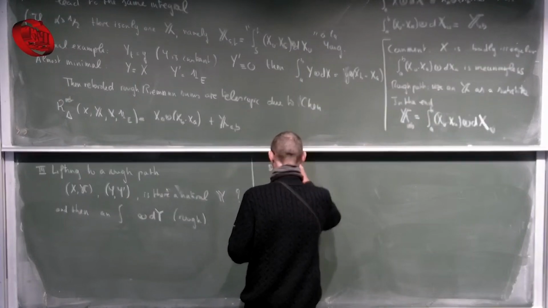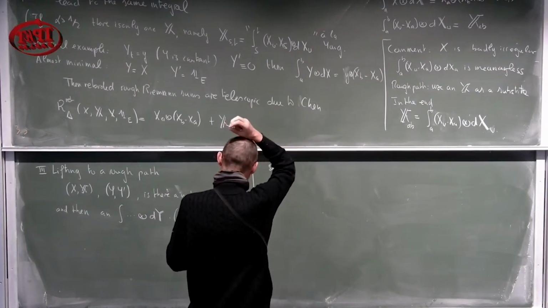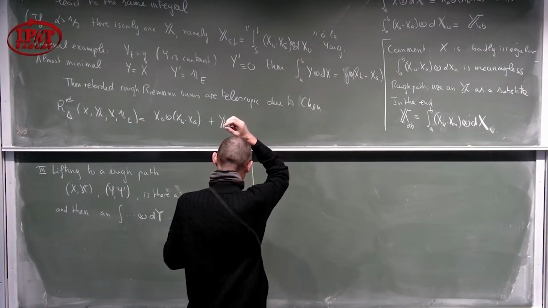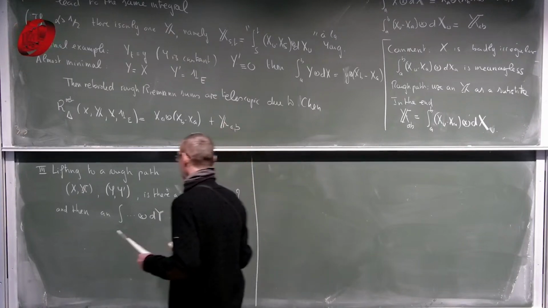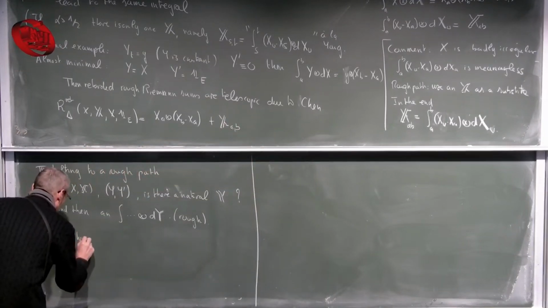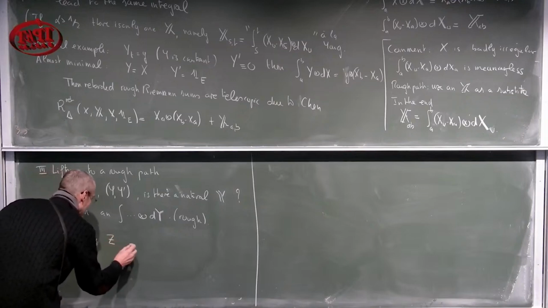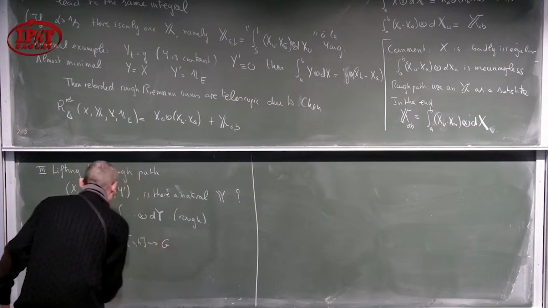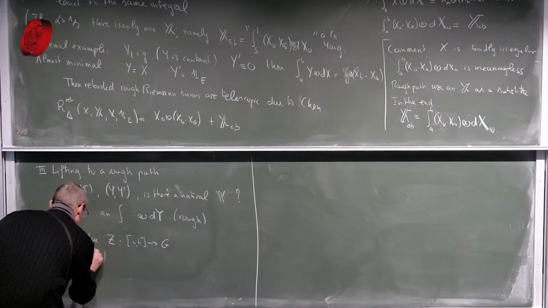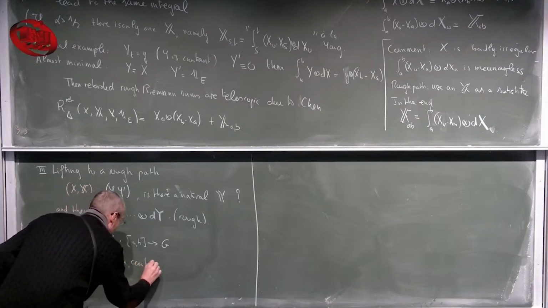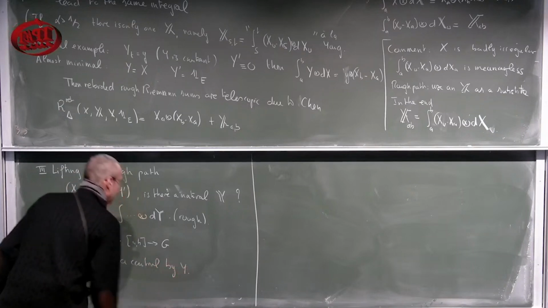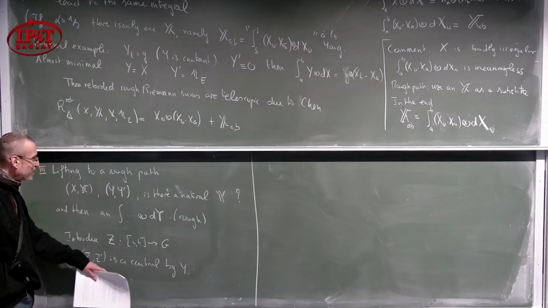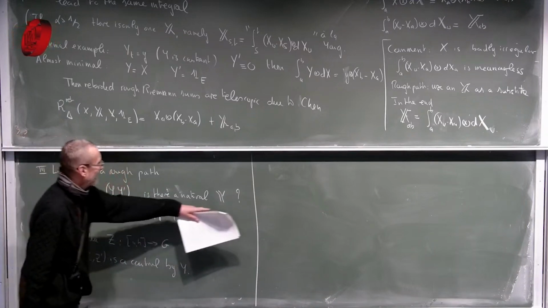So we introduce Z that goes from [a,b] to G, and imagine that Z prime is controlled by Y.